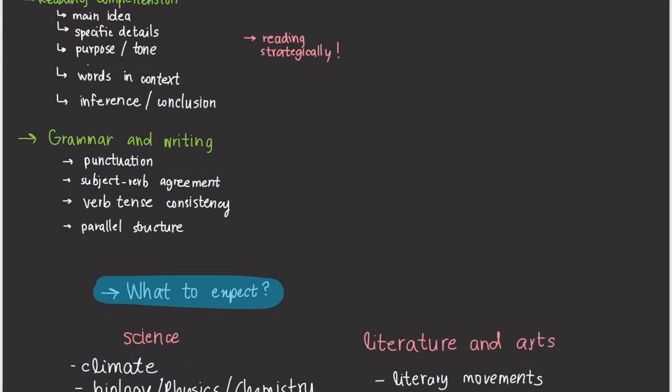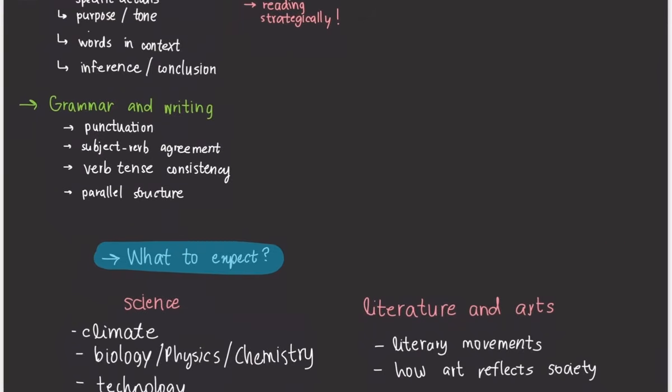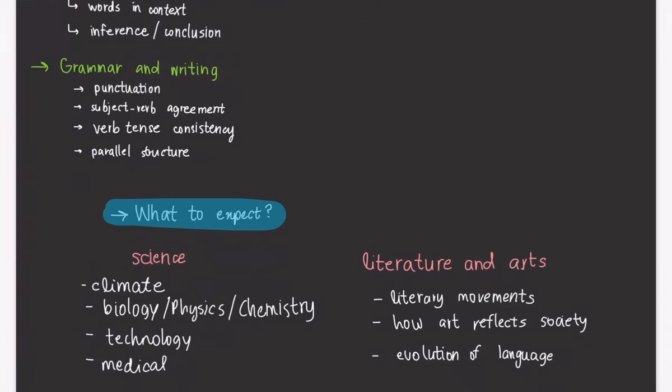Now, you can read a given passage about 5 to 6 times, but if you don't understand these major points, you won't be able to answer quickly. The next kind of question type that you might get is about grammar and writing.